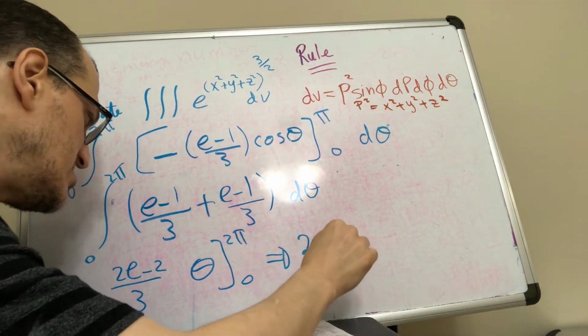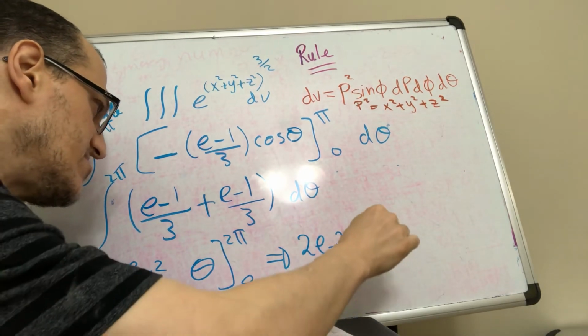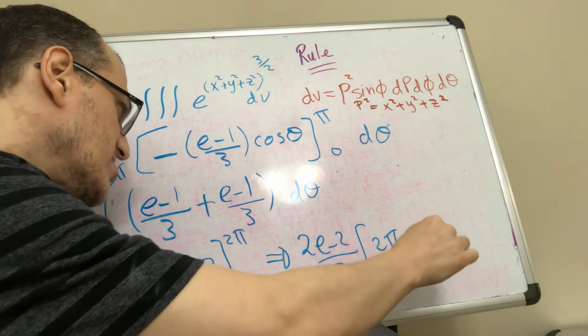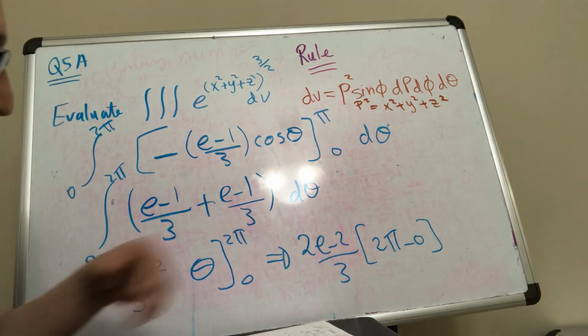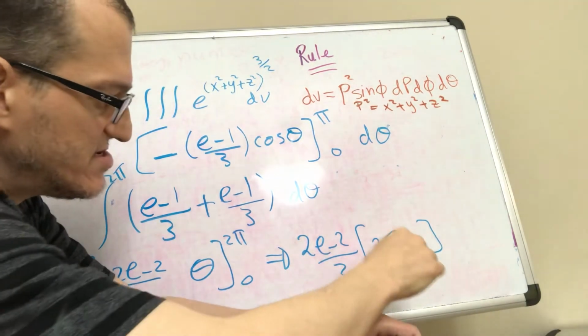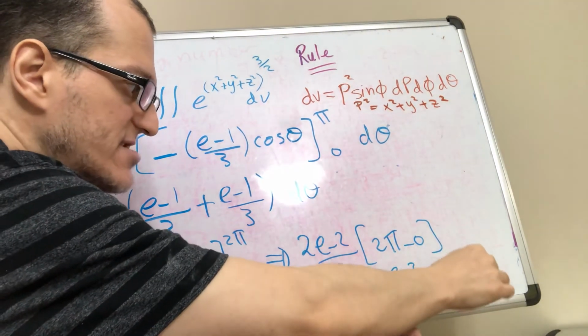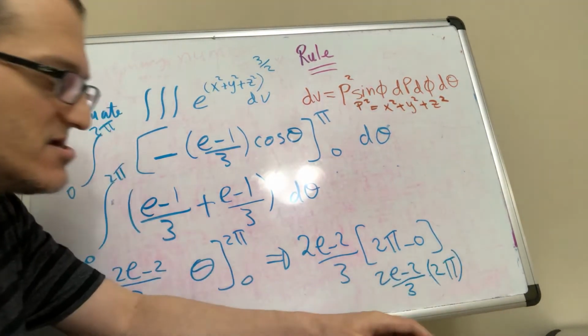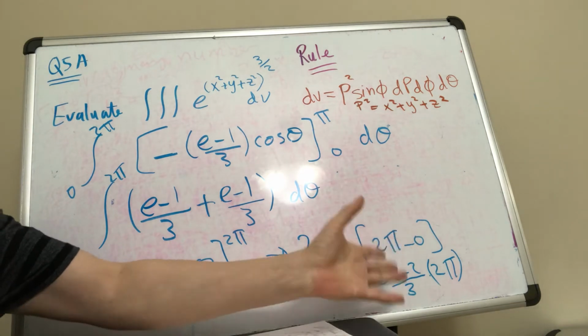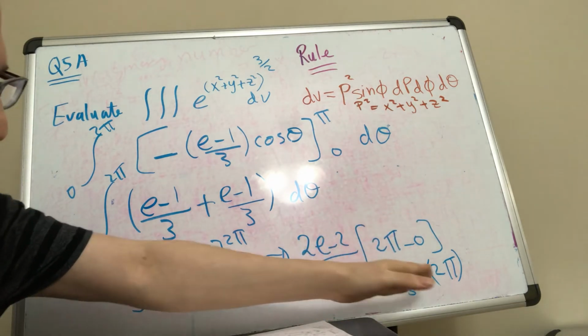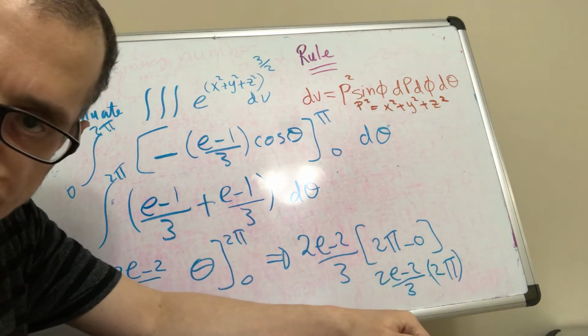Then you have 2e minus 2 over 3, plug in 2 pi, plug in 0. So the answer would be 2e minus 2 over 3 times 2 pi. And you can just leave it as it is, or expand it, but that's the final answer.